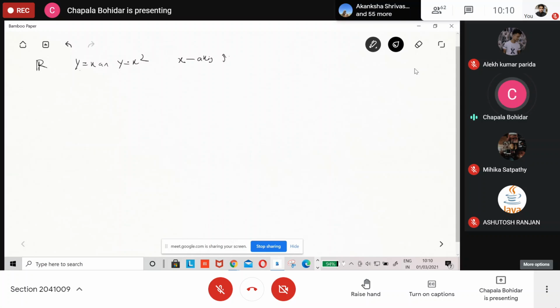Okay, so here find the volume of the resulting solid.